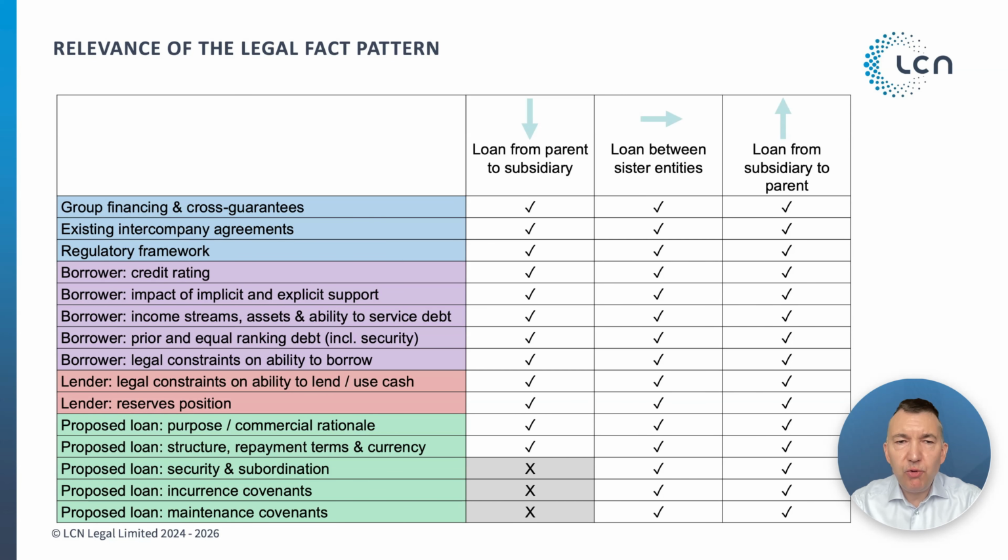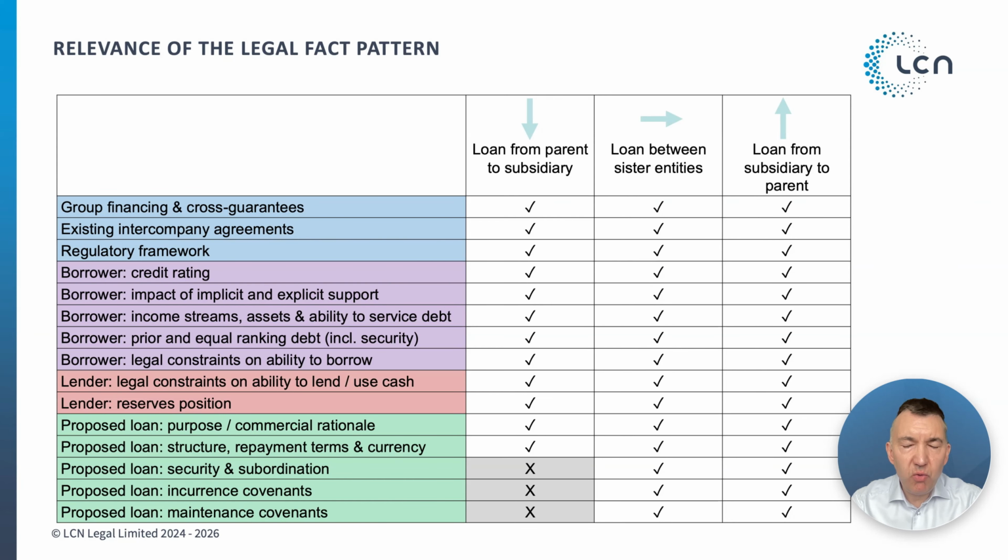Looking at the blue group of factors, group financing and cross guarantees, in other words, third-party debt and security packages and what cross guarantees are in place. Clearly, that's going to be a material part of the legal fact pattern, whatever the relationship is between parent and subsidiary.